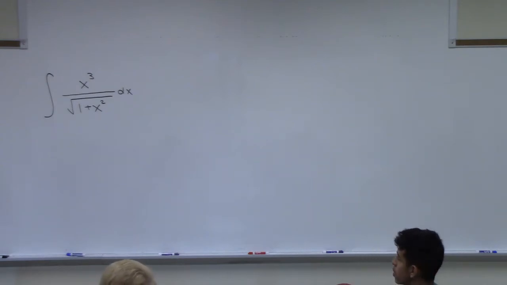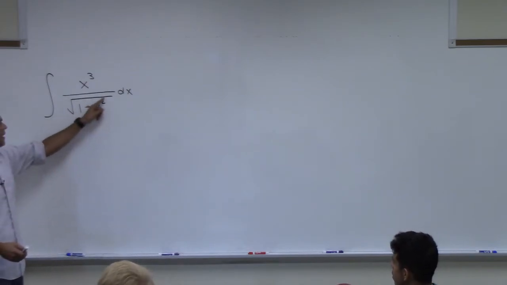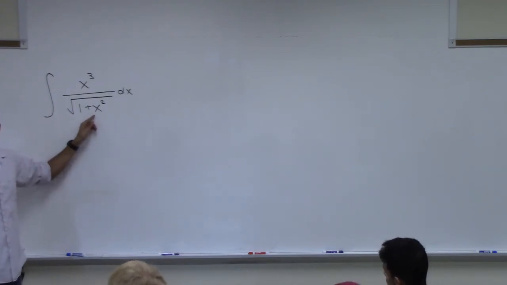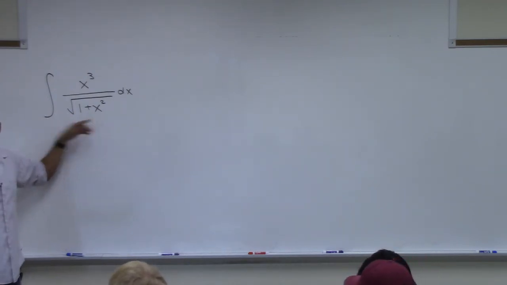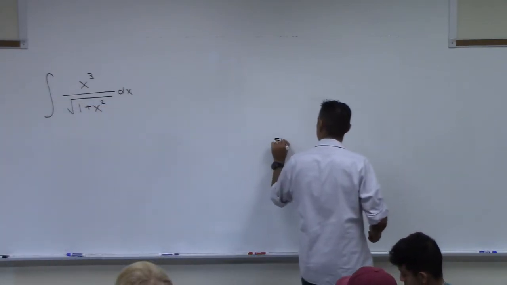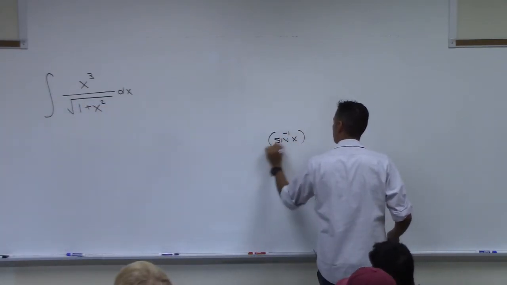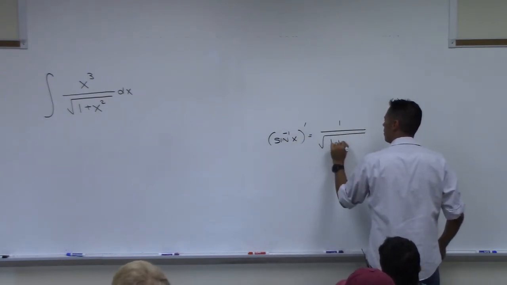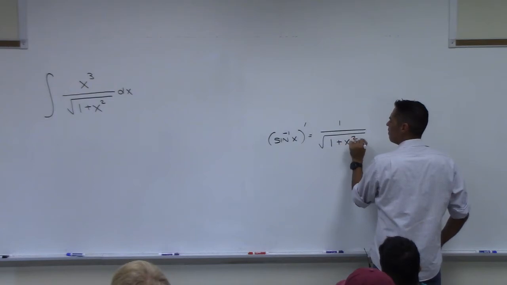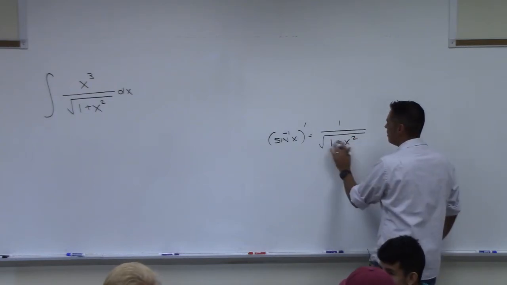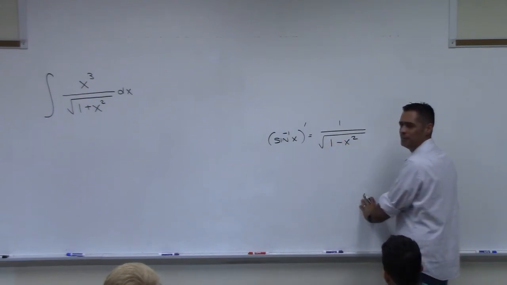Say that again? That's an inverse sine. Yeah. So are you recognizing that the fact that you have square root of 1 plus x squared on the bottom, that's the derivative of arcsine, isn't it? Right. That's the derivative of arcsine. So maybe that has something to do with it. If you take the derivative of arcsine of x you get 1 over the square root of 1 plus x squared, right? That right? Minus, it's minus, hold on. It's minus, so no, it's not going to work.